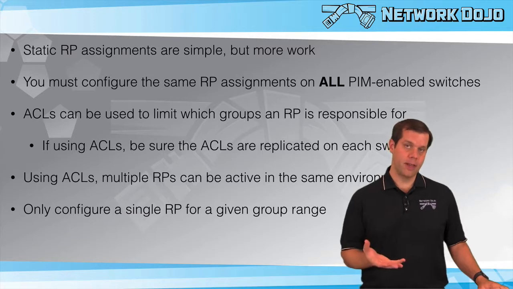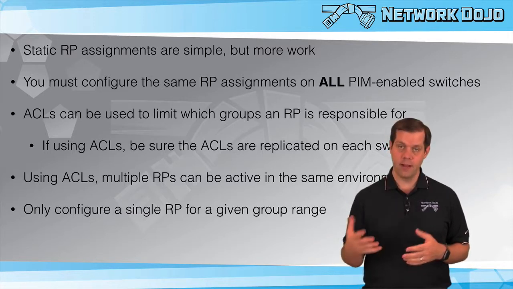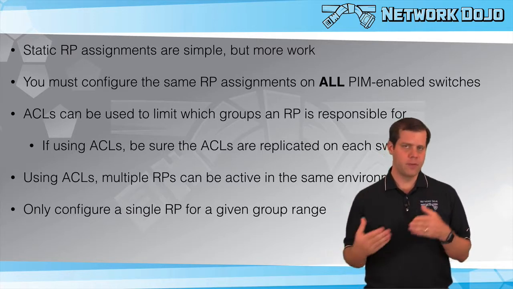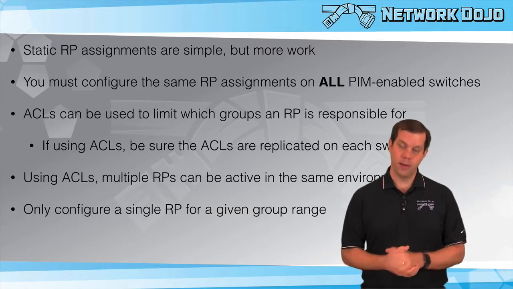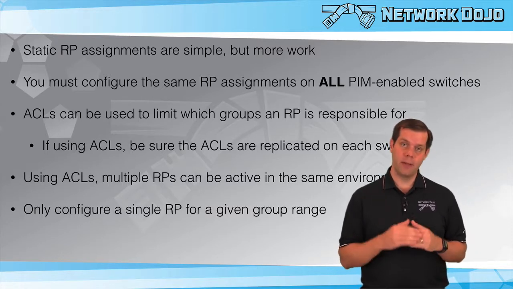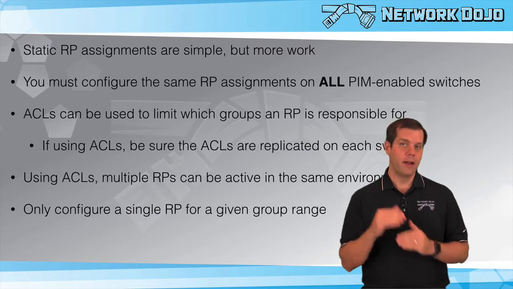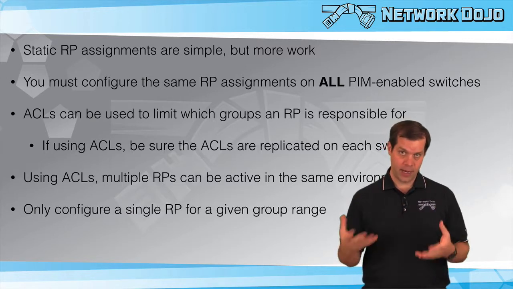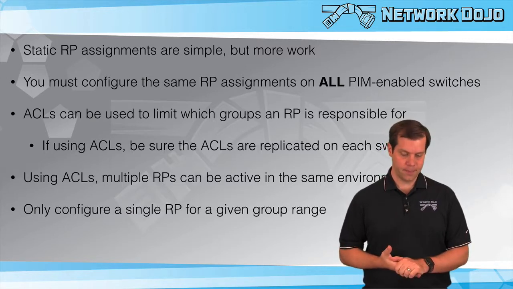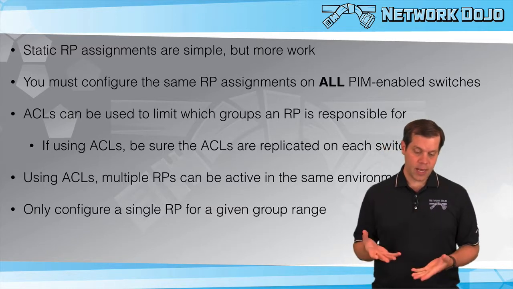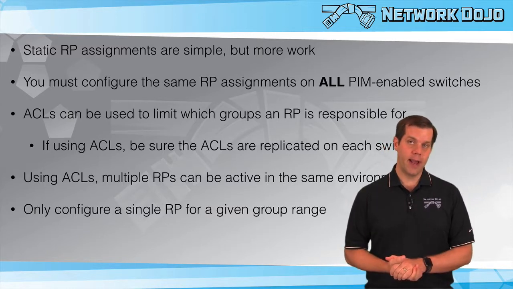So as we define the RP mappings, we would reference the ACL, and that's how we tie a list of groups to a particular RP. And again, if we want to do that, no problem. We just need to replicate everything, including the ACL, on every single device, and then everyone has the exact same configurations.